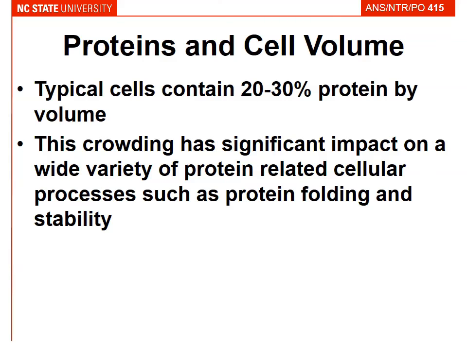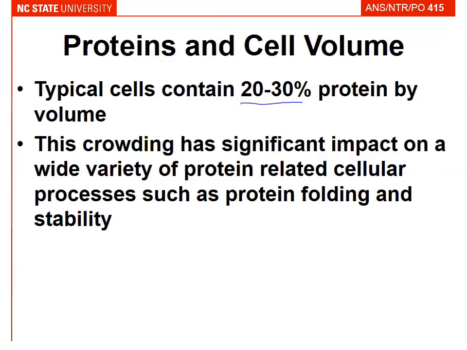So our typical cells contain about 20 to 30% protein by volume, which is a pretty significant amount. So this amount of crowding of protein actually ends up having a significant impact on a variety of protein related cellular processes, such as protein folding and stability.